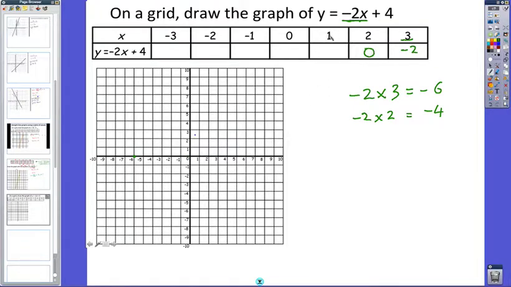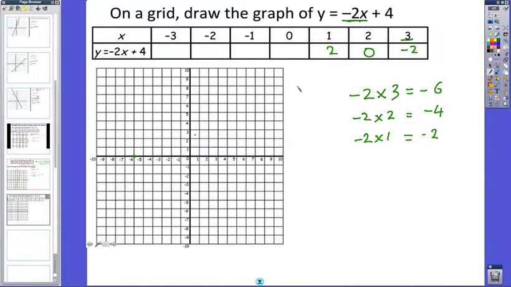When your x is 1, you've got minus 2 times 1, which is minus 2. Now you have to add 4. If you're at minus 2, adding goes to the right, so 4 steps to the right: 1, 2, 3, 4. You're going to reach 2. And so on. Notice there's going to be a pattern. With linear graphs, there's always a nice pattern, and it's in steps.